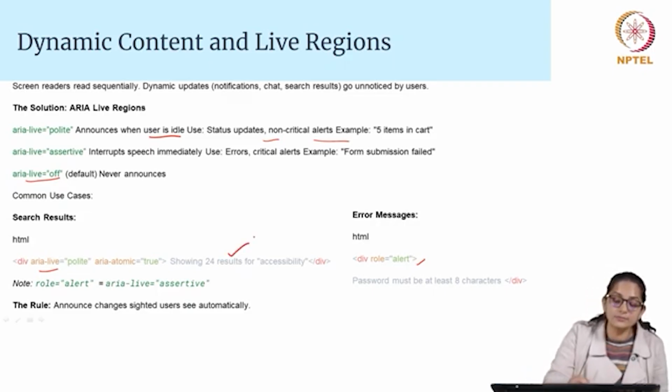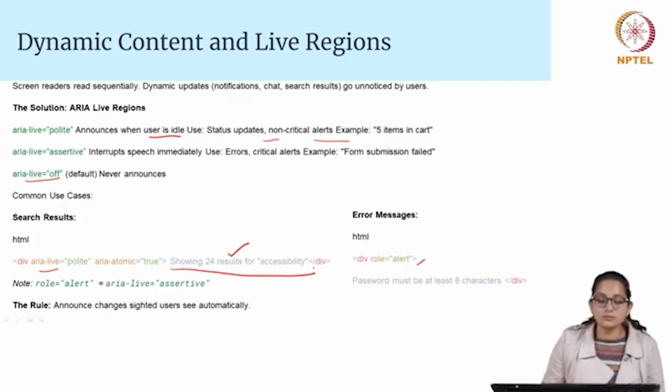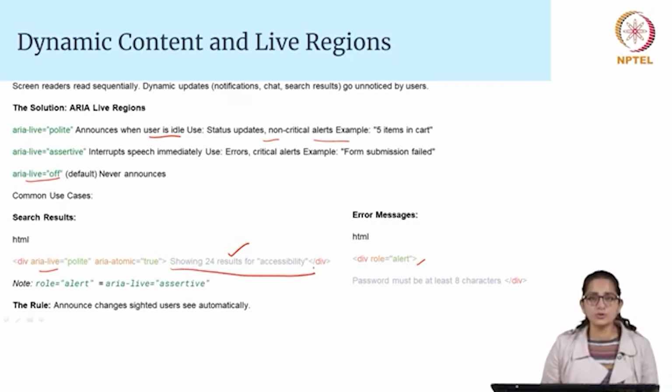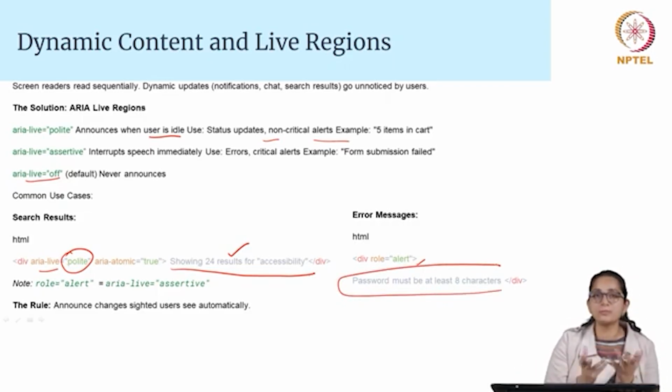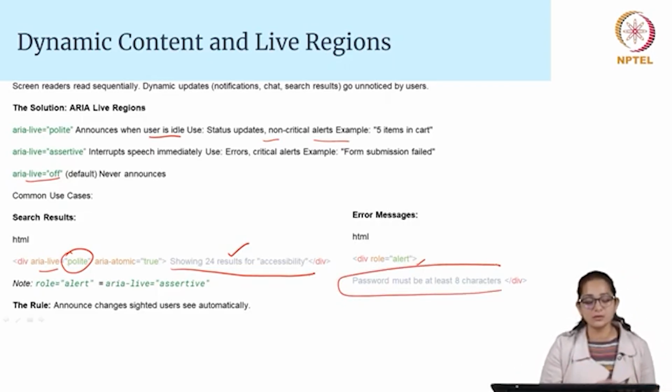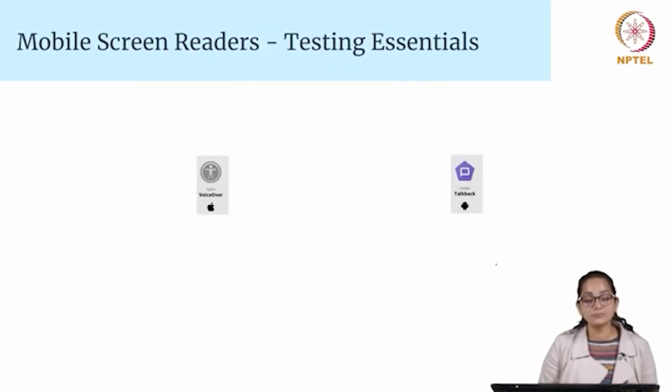So for example, if we want to show a message which is only announced when the user is sitting idle, then we can use a polite ARIA label. And if we want it to be assertive and it's an alert, then we can use that: your password is not eight characters long, you have to change your password. So this is how we can employ ARIA labeling.